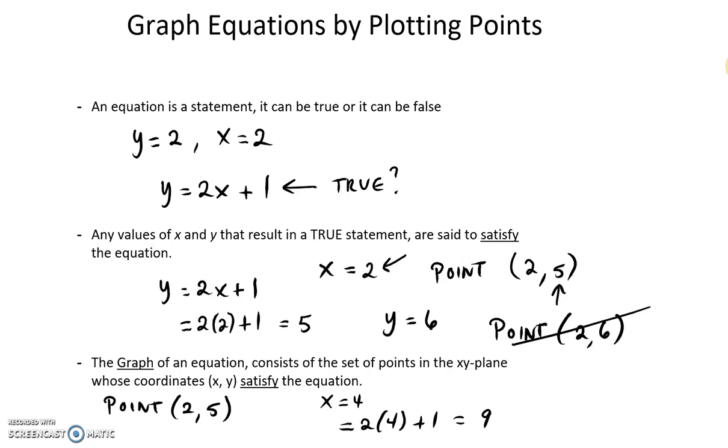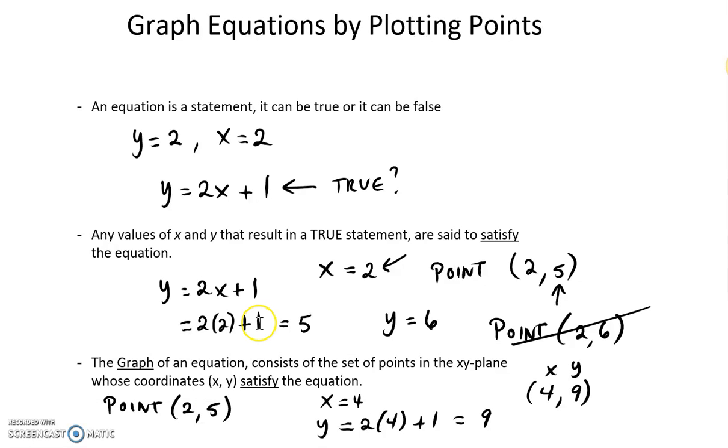So then we'd get another valid point where 4 and 9 are the x and y values. So you can keep on going with this, picking arbitrary x values until you get enough points to get a great picture or a graph, where you'll see the correlation, or basically the description of what this equation looks like.